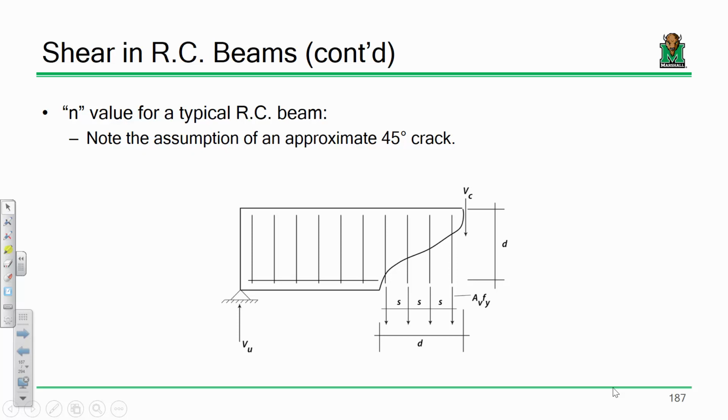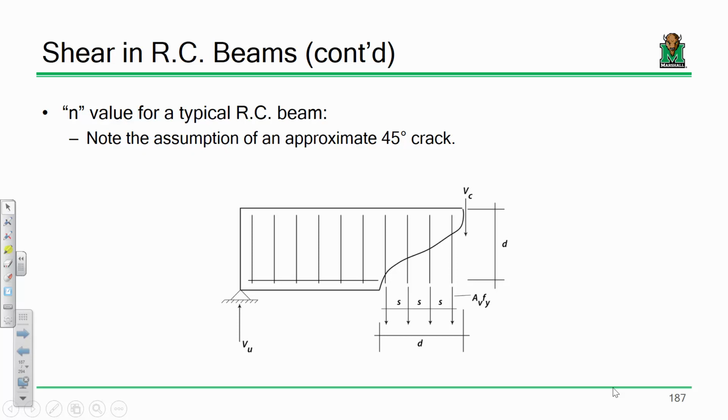And let's say that this is 24 inches. So that's d. d is 24 inches. Now, if I look at the beam like that, what am I going to see? I'm going to see a beam that's like that. These are the longitudinal reinforcements, and these are the stirrups, right?